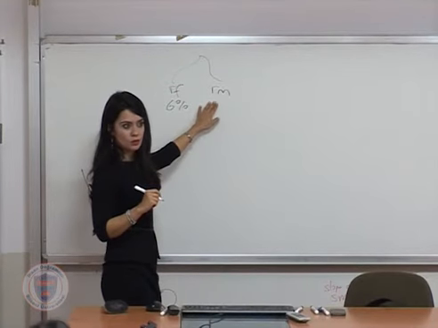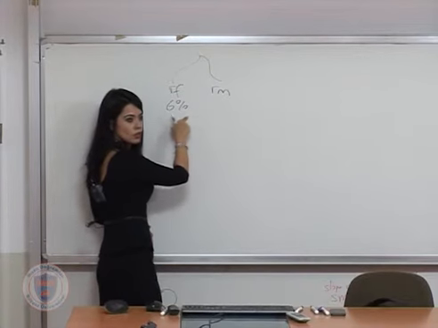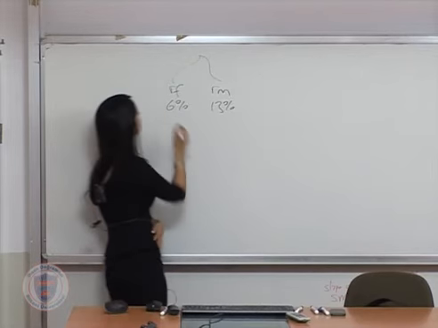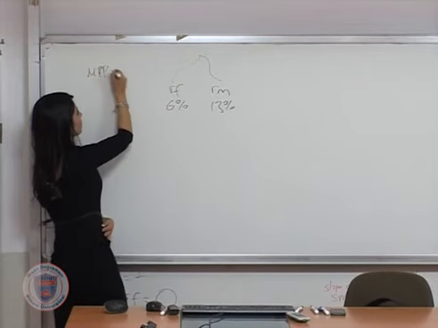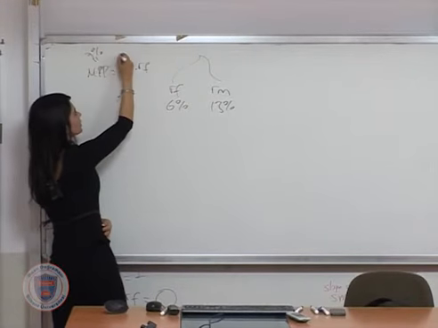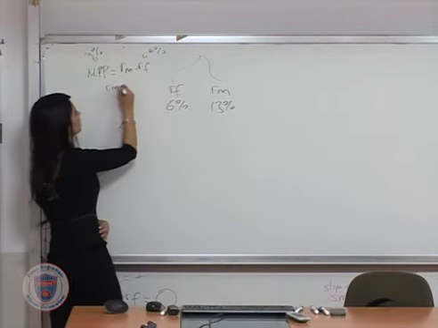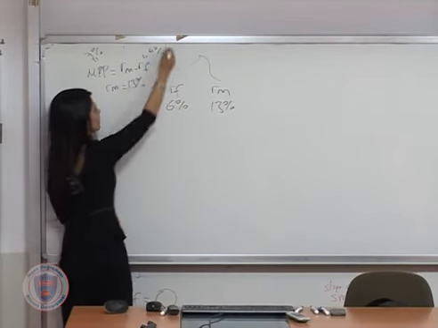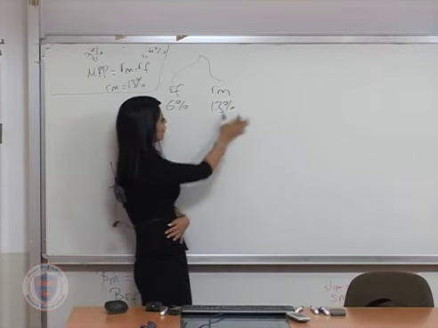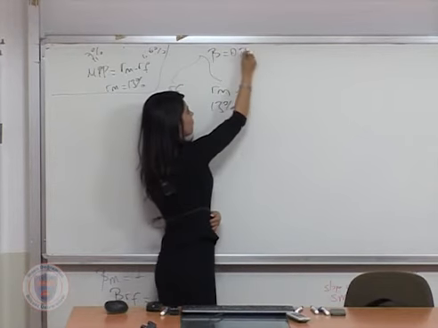Market risk premium is 7%, so what is the market return? 13%, right? Market risk premium is RM minus RF. If this is 7% and this is 6%, then the market should give you 13%. Okay, so you want this portfolio to have a beta of 0.25.